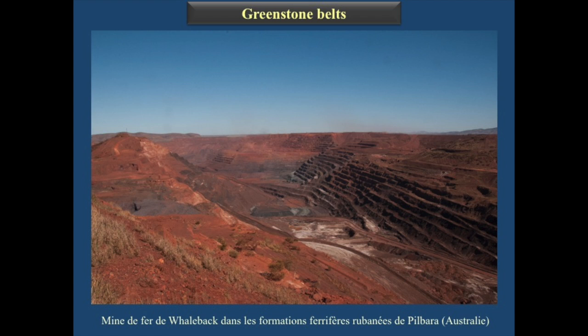Just a word to say that now about 90% or more of iron ore is coming from this kind of banded iron formation. So most of the iron used today is coming from this kind of banded iron formation, and here is a picture of a mine in Pilbara in Australia.